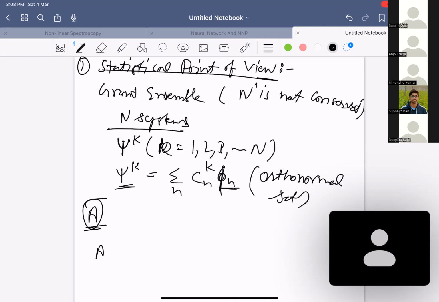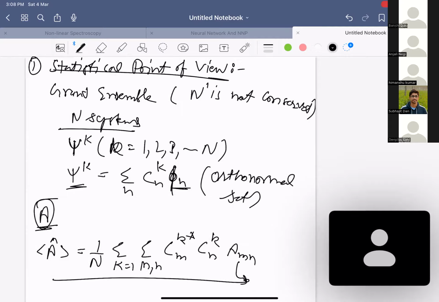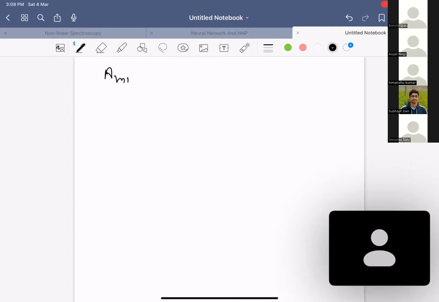Now suppose we want to measure any physical quantity a. Then the expectation value of a can be given by 1 by n, summation over k, summation over m, n, of cm star, cn, and amn, where amn are the matrix elements of this operator.